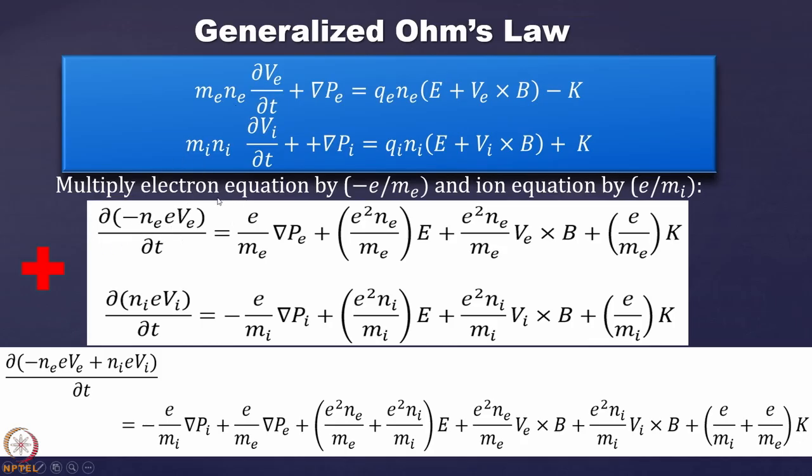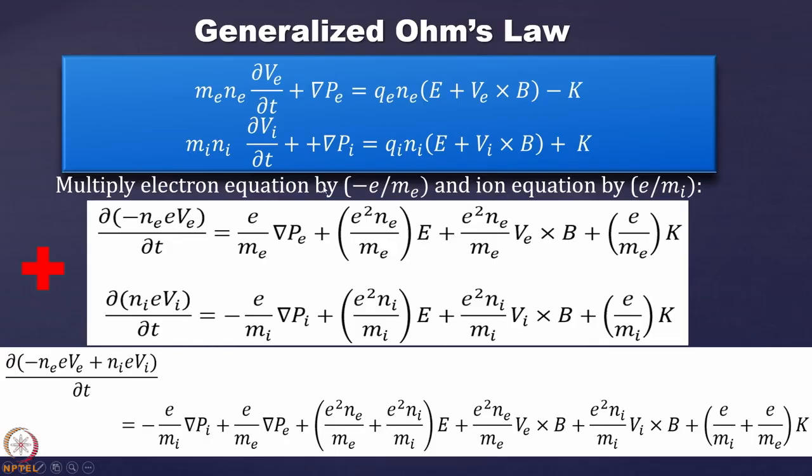So on the left hand side, the time derivative includes ∂/∂t of minus n_e e V_e. Then, having multiplied by minus e by m_e, we take the pressure term to the right side, so it becomes positive, e by m_e times grad p_e.